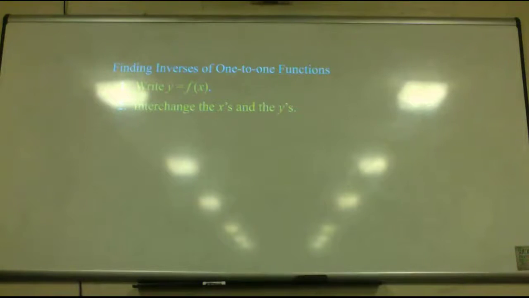That happens in the equation too. So we replace all the x's with y's and all the y's with x's. Then we do algebra to get the y by itself, to solve for y. The result is the inverse. So those 3 steps are how you find the inverse.